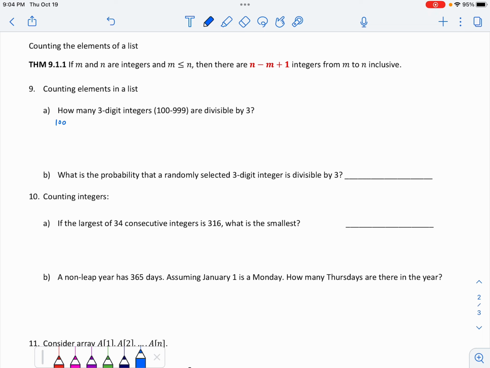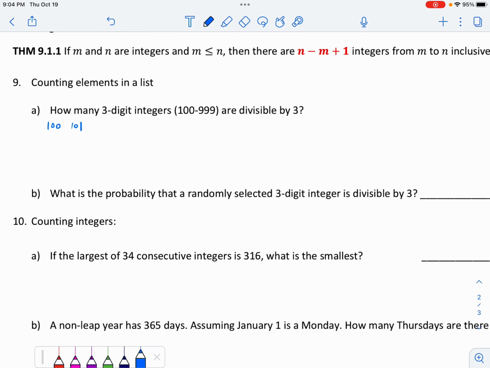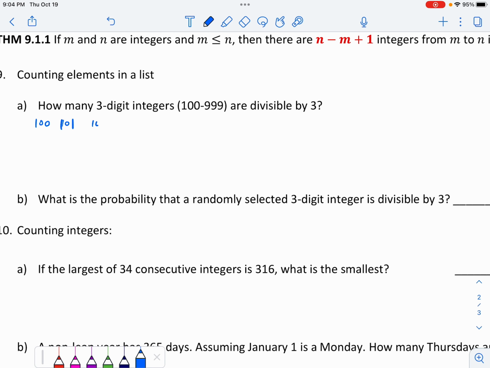So I'm going to list a few numbers. 100, the next is 101, the next is 102, and this is actually the first 3-digit integer that's divisible by 3, because 1 plus 2 is equal to 3. As long as the sum of the digits is a multiple of 3, that number is divisible by 3. And the next ones are 103, 104, 105.